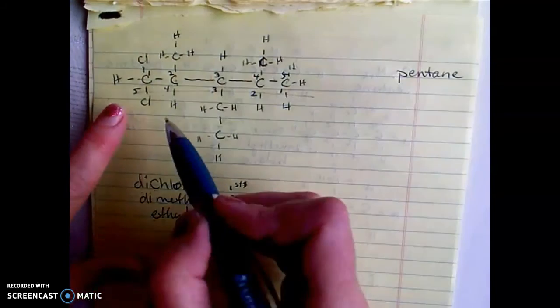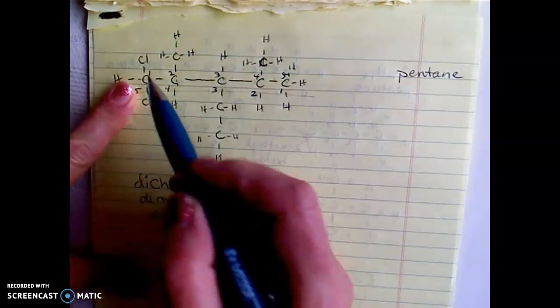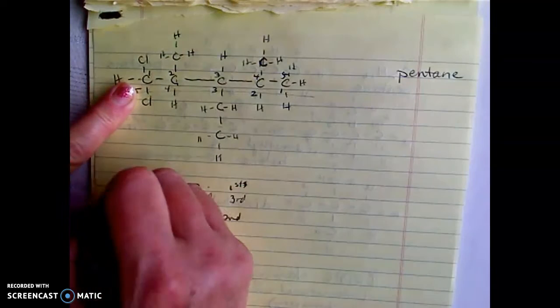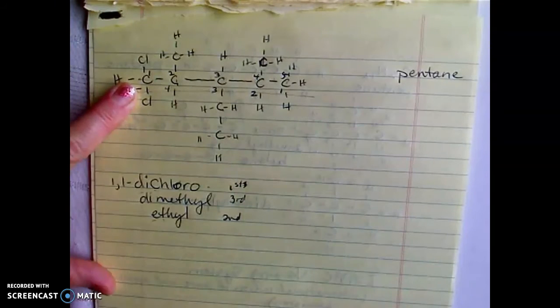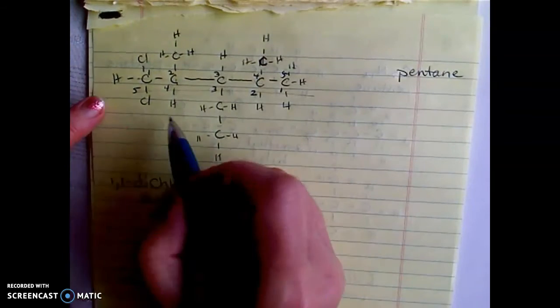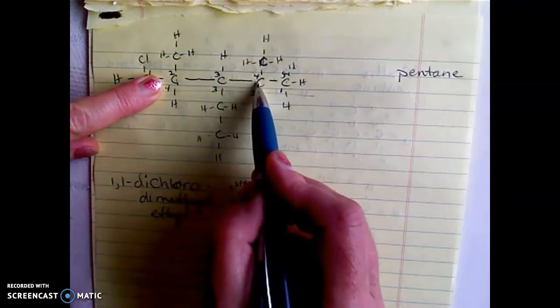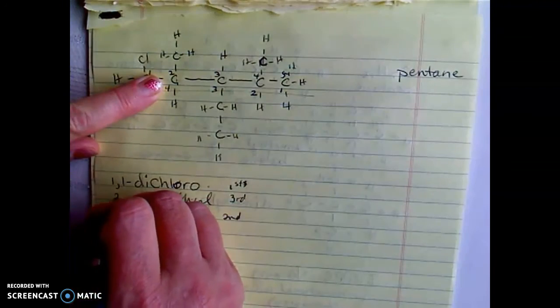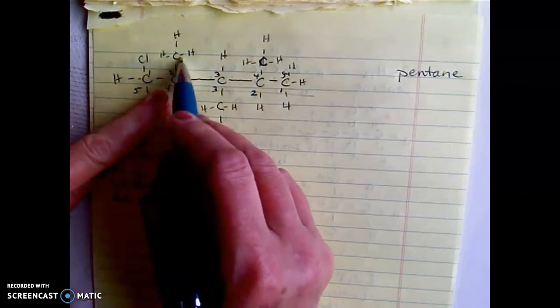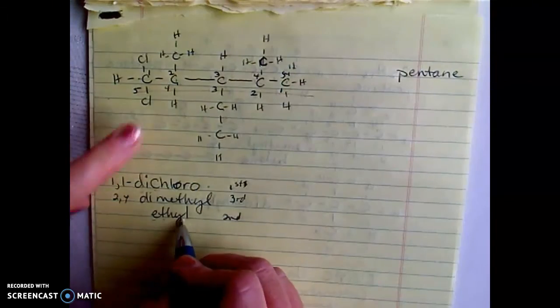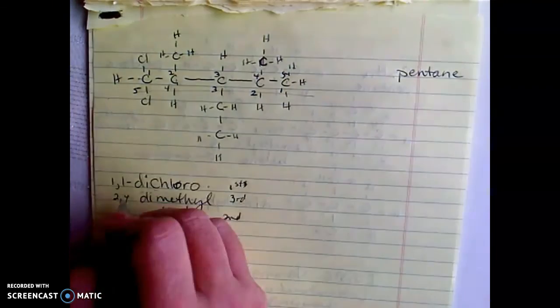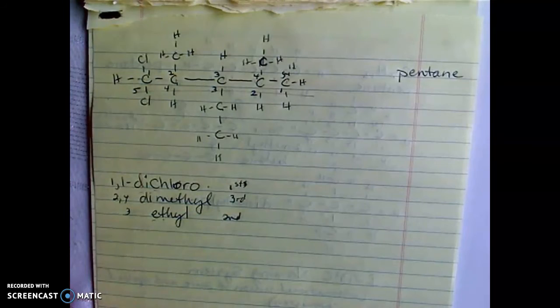If we go to the top, I would have 1 dichloro. That would be a 1. I'd have a 2 and then a 4 for my methyl group, because you go 1, 2, there's my methyl, 3, 4, there's my other methyl, and my ethyl is off number 3. So that's one possibility.